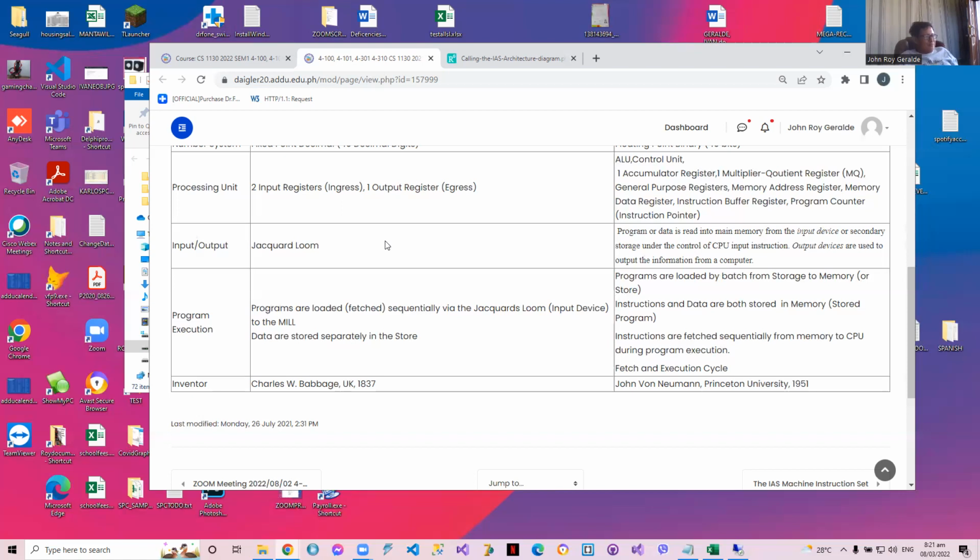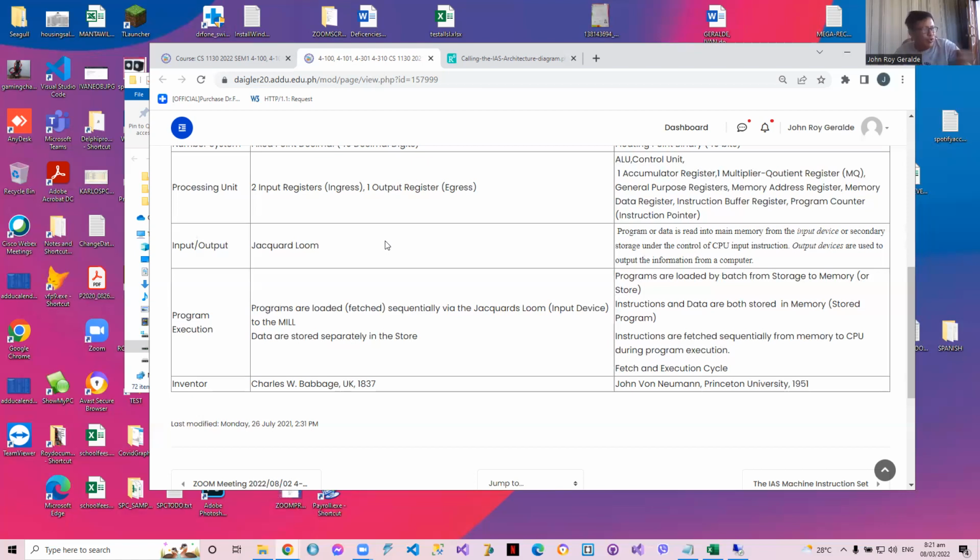Kung sa ano pa ito, programs are loaded individually, instruction per instruction from a hard disk. Shall we say we have slow? Yeah, it's slow. Why is it slow? Aguado? Oh, si Eman, no? You're saying it's slow. Why is it slow? Because you cannot load multiple programs at once, sir.